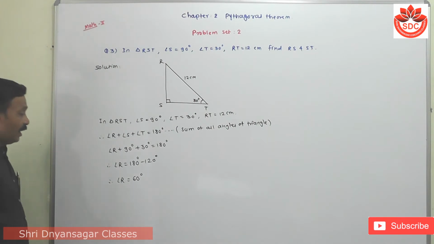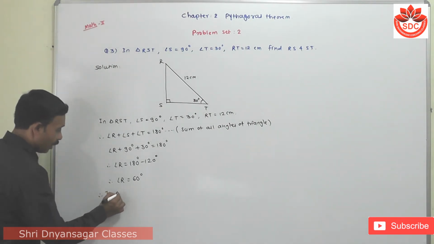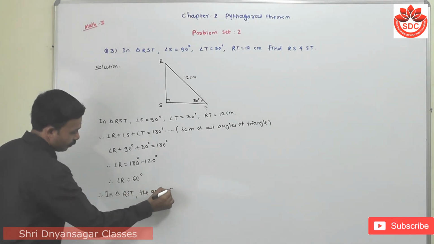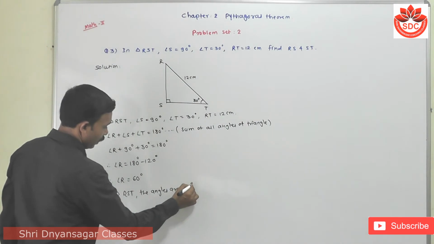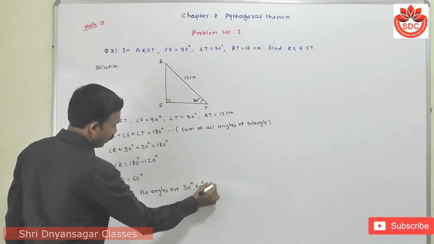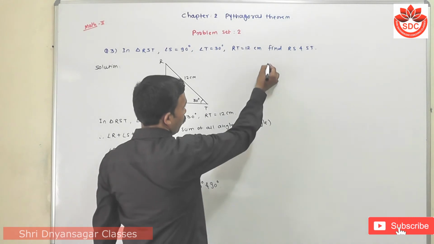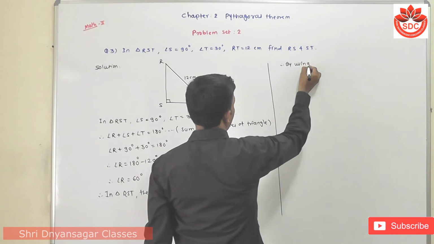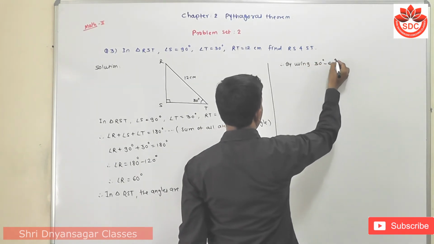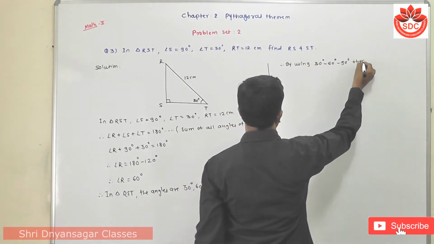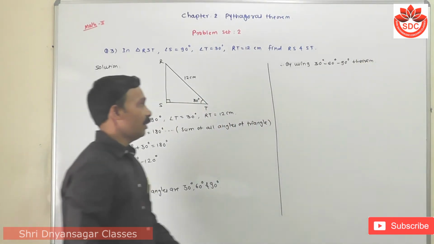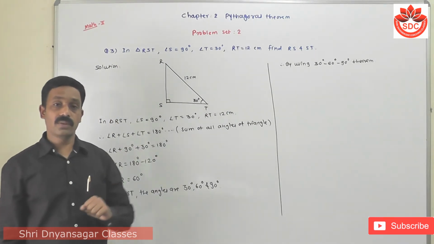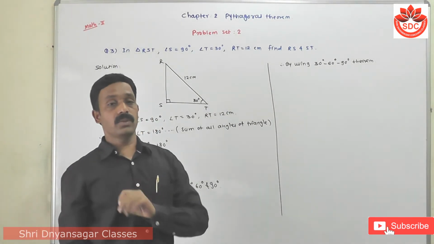Therefore, angle R is 60 degrees. So in triangle RST, the angles are 30 degrees, 60 degrees and 90 degrees. Therefore, by using the 30-60-90 degree theorem: this theorem tells us that the side opposite to 30 degrees is half of its hypotenuse, and the side opposite to 60 degrees is root 3 upon 2 times its hypotenuse.